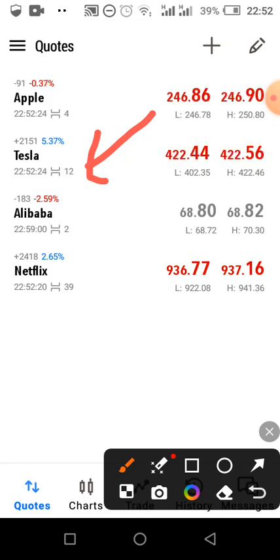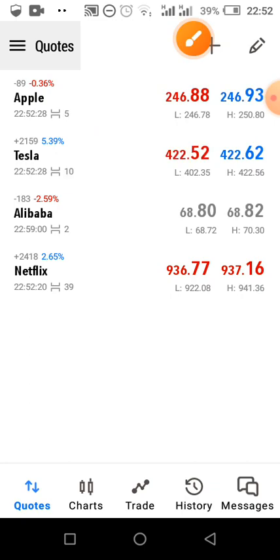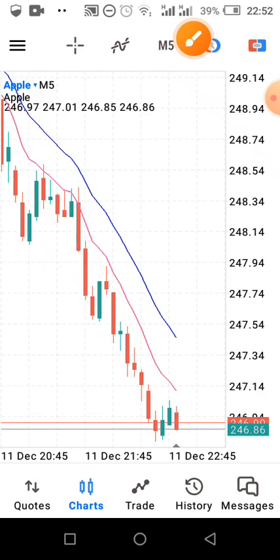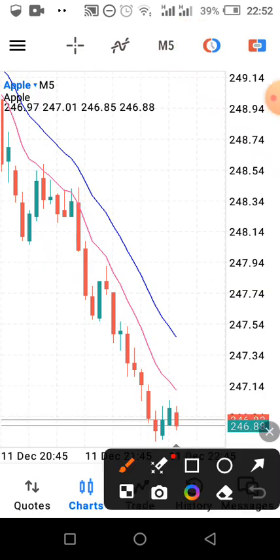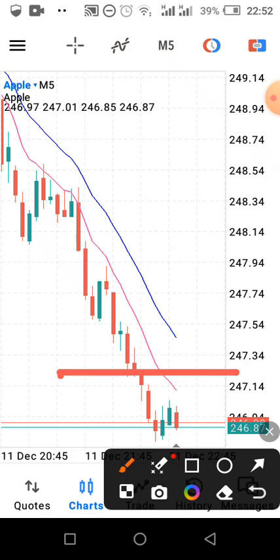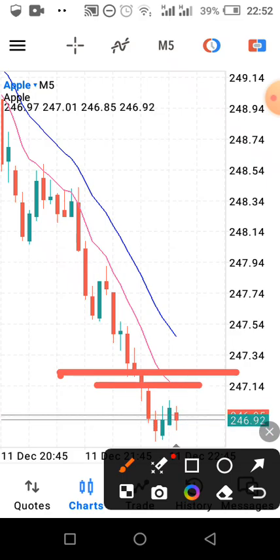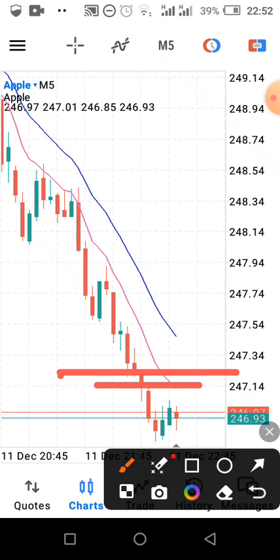Now the disadvantage with floating spreads is that if price reaches close to your stop loss level, let's say you were in a sell trade and your stop loss level is there, if price reaches near your stop loss level, some brokers may widen the spread so that they take your stop loss, so that your trade will now be closed in a loss.